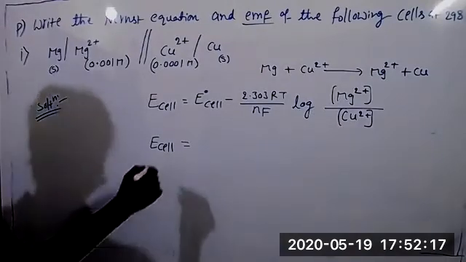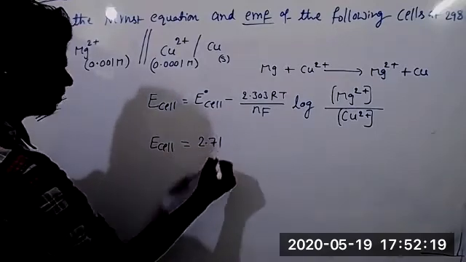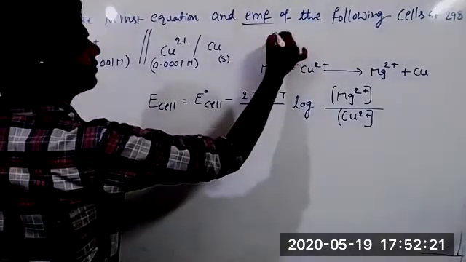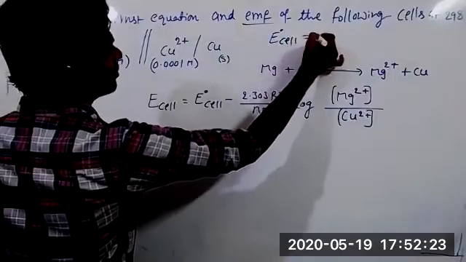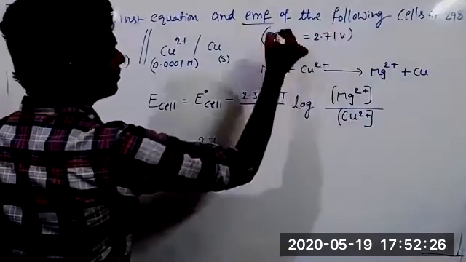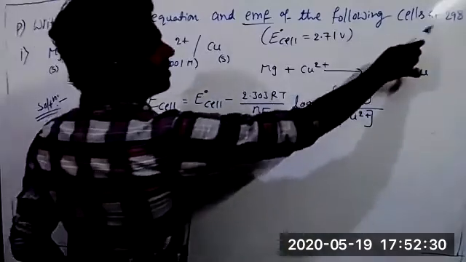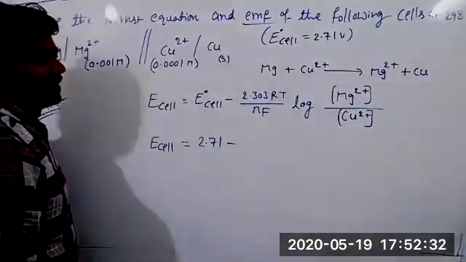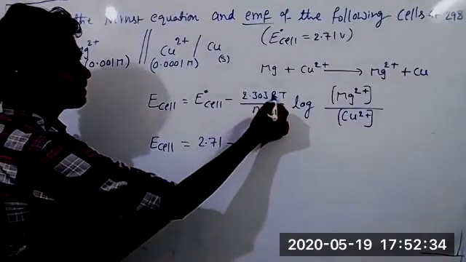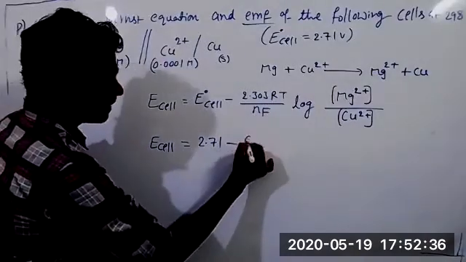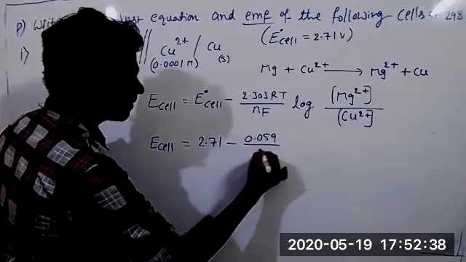This is 2.71. Minus, temperature is 298 Kelvin, so instead of 2.303 RT by F, we may write directly 0.059 by n.